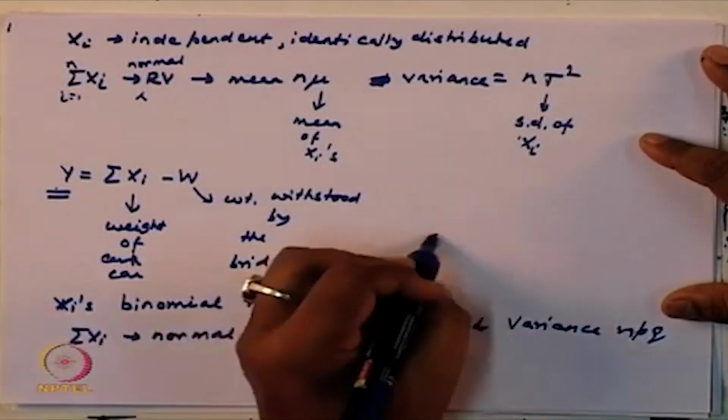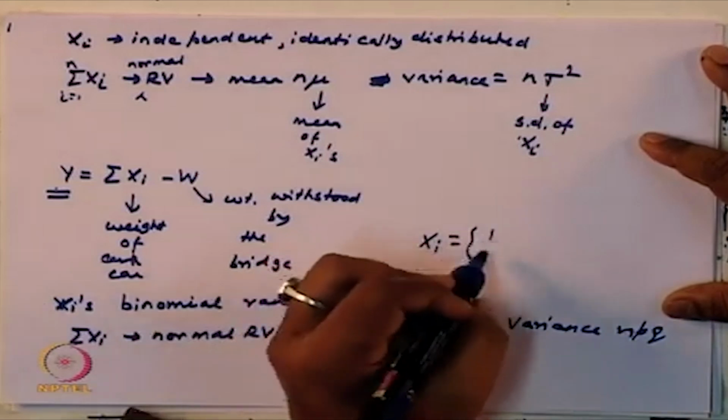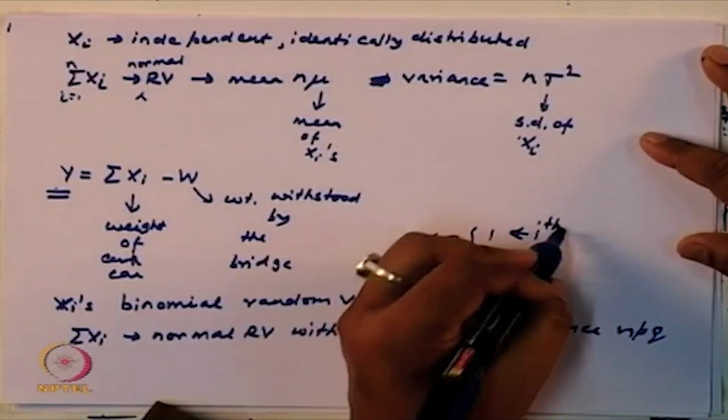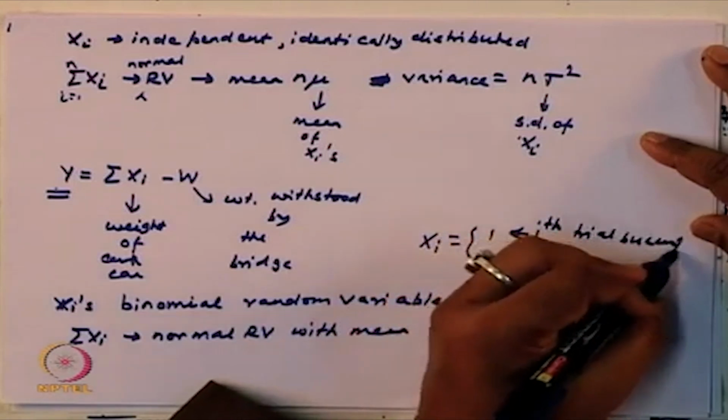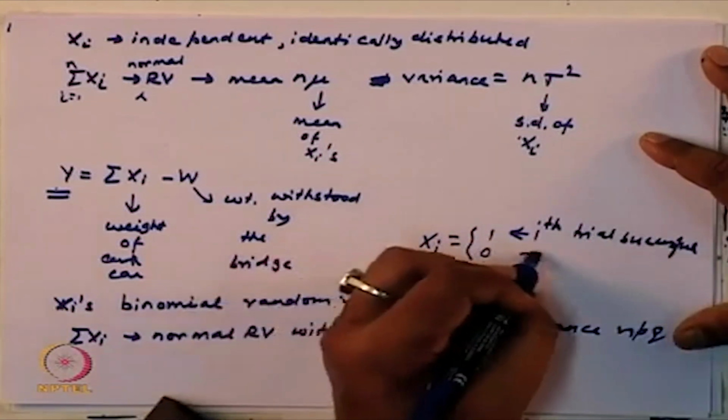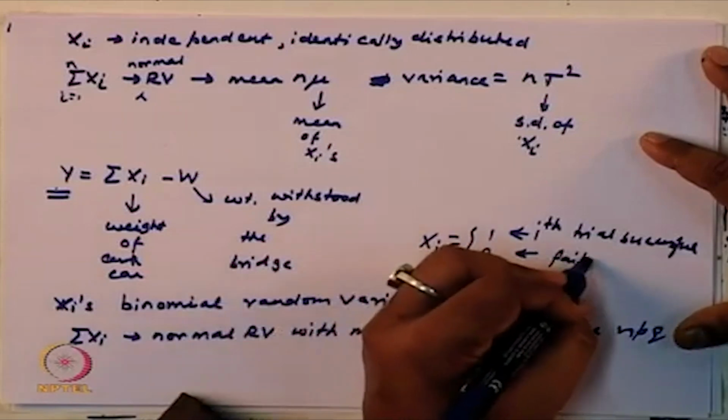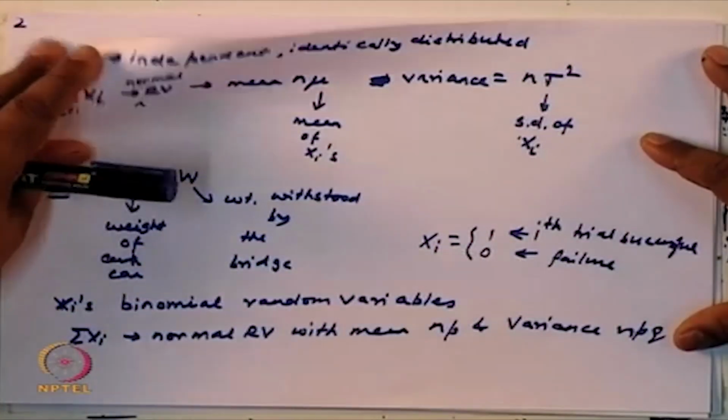So, we can define xi equal to 1 if ith trial is successful, and 0 if it is a failure. Let us see an example where we can make use of this concept of binomial random variable.